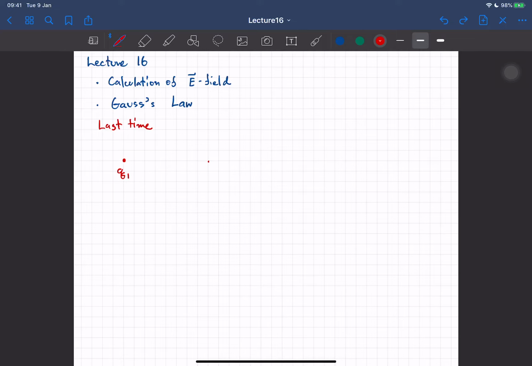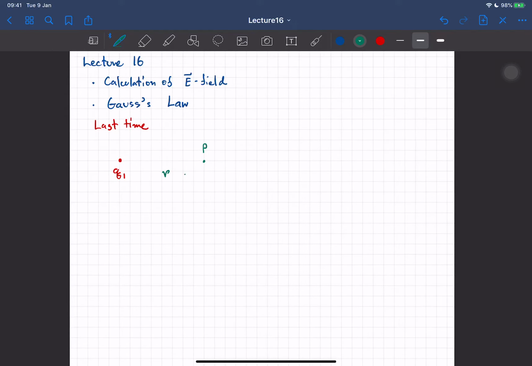So let's say we are interested in this point, which I will use the green color for. So point P, and point P is a distance r away from charge Q1. So this point P will have electric field. Just to be clear, let's assume that Q1 is positive, right? So at point P, there will be an electric field pointing that way. And we can write this as E1, which is shorthand for electric field created by charge Q1.